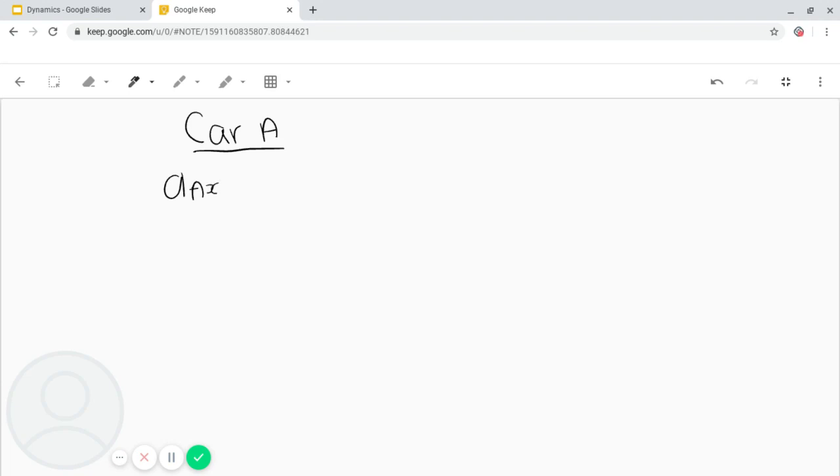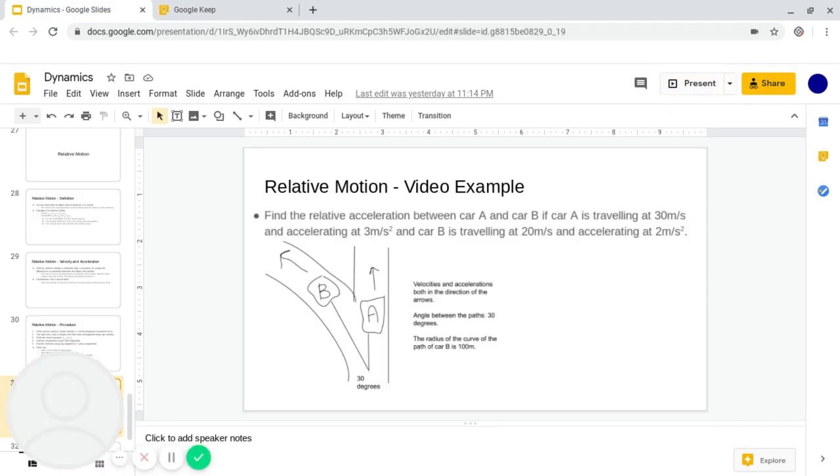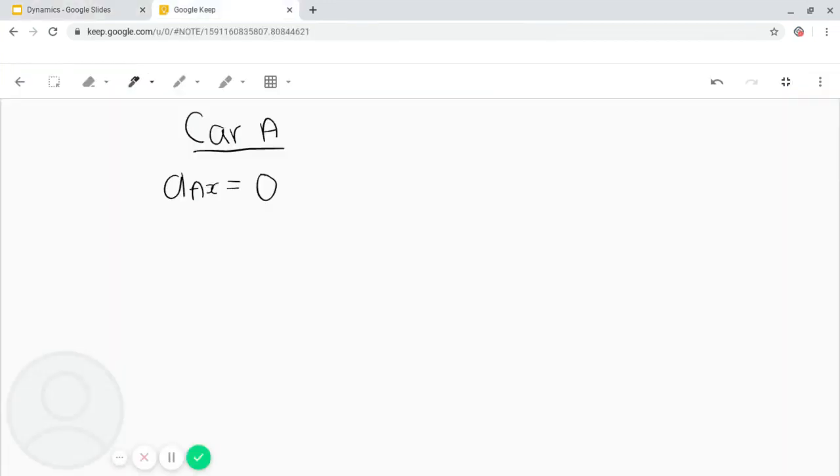So the acceleration of A in the x component is 0 because we know that it's traveling straight north or straight up. It does depend on how you define your coordinate system, but in this case we'll just use the normal coordinate system, and I'll just write that down here. So positive in the y direction is up, and positive in the x direction is to the right.